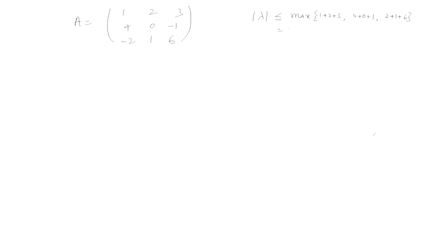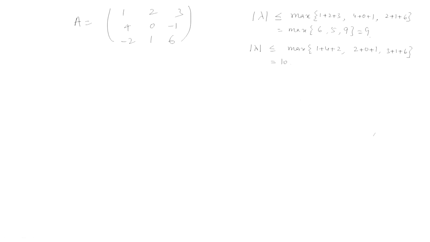So this is the maximum of 6, 5 and 9, which is 9. Now, for the columns, mod lambda is less than or equal to the maximum of 1 plus 4 plus 2, 2 plus 0 plus 1, and 3 plus 1 plus 6, which is 10. So we can say that the modulus of the largest eigenvalue of this matrix is less than or equal to 9, the smaller of these two.